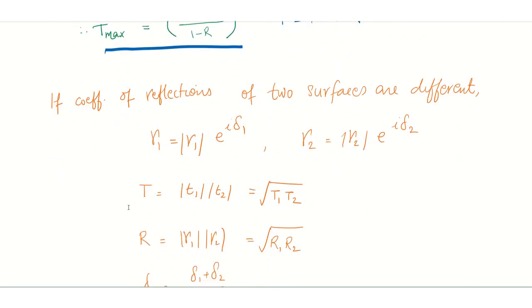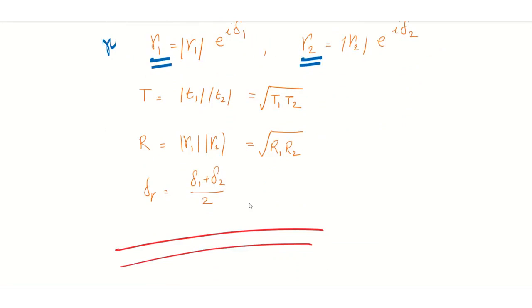That is okay. If the coefficients of reflection are different, instead of taking a common R, if they are R1 and R2, then T will be T1, T2 and R1, R2, and therefore delta R is the average of delta 1 and delta 2, if the coatings are different.